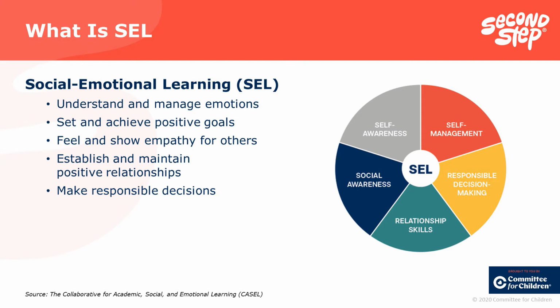They translate into skills like understanding and managing emotions, setting and achieving positive goals, feeling and showing empathy for others, establishing and maintaining positive relationships, a very big emphasis in this program, and making responsible decisions, even in the face of peer pressure. So that's where we're coming from as a foundation: if you're thinking about social emotional learning, this is what it means and this is what it looks like.